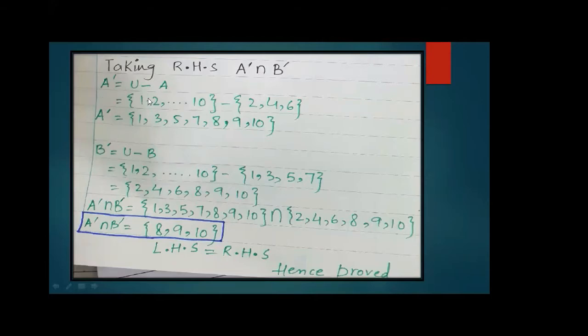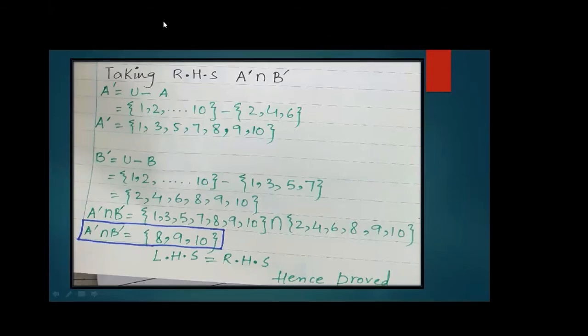A complement is U minus A. The elements of the universal set are 1, 2, 3 up to 10, then minus set A, which contains elements 2, 4, 6. Now the answer of A complement is the remaining elements of the universal set, that is 1, 3, 5, 7, 8, 9 and 10.